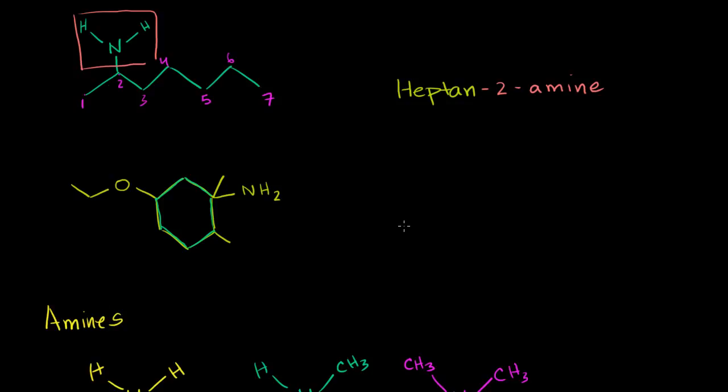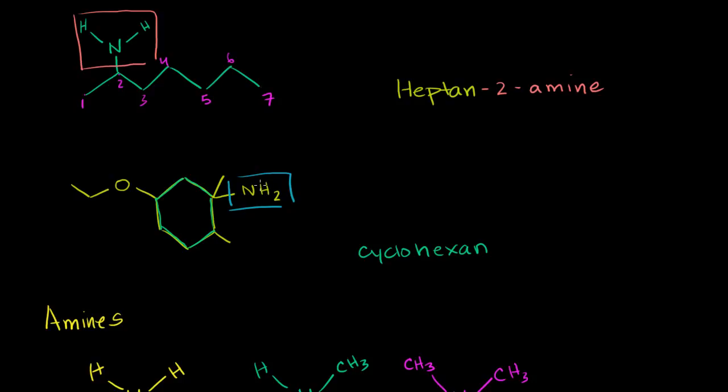And once again, it's an amine, so this is going to take higher priority. We're not just going to put an E at the end and call this cyclohexane. This takes higher priority, so it will actually define the suffix.